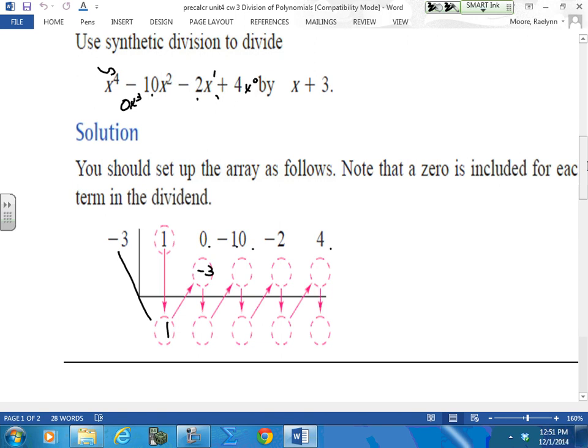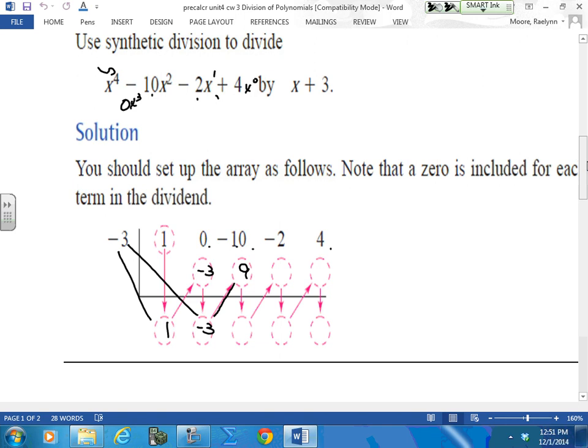Then add down. 0 plus negative 3, negative 3. Then multiply. Negative 3 times negative 3 to the right, 9. See the pattern? We're multiplying to the right, multiply to the right, multiply to the right.